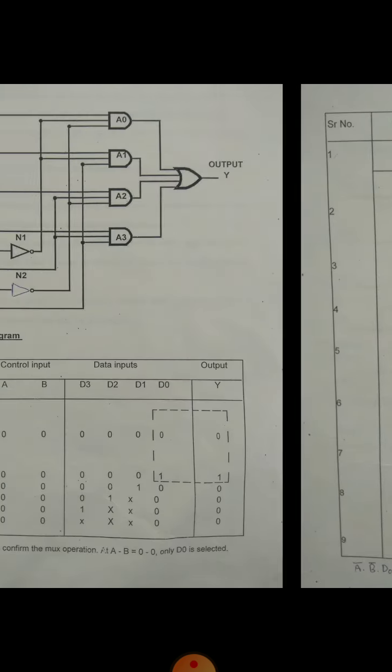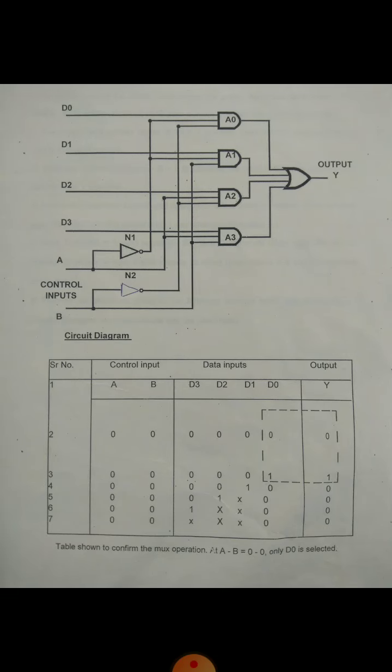You can check that. Here we have used control inputs A, B, right? A, B are directly applied to different AND gates, and their inversion is applied through N1 and N2. That is your NOT gate.